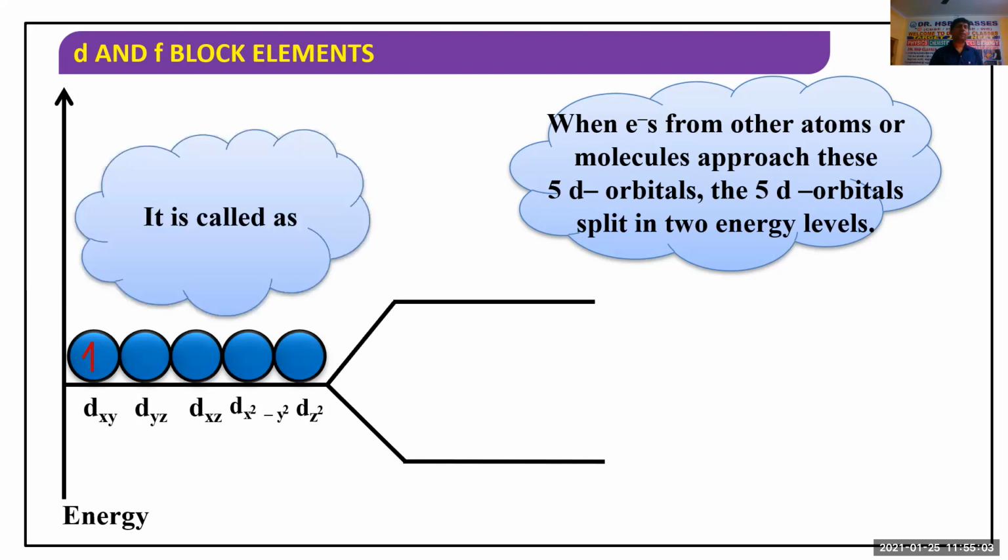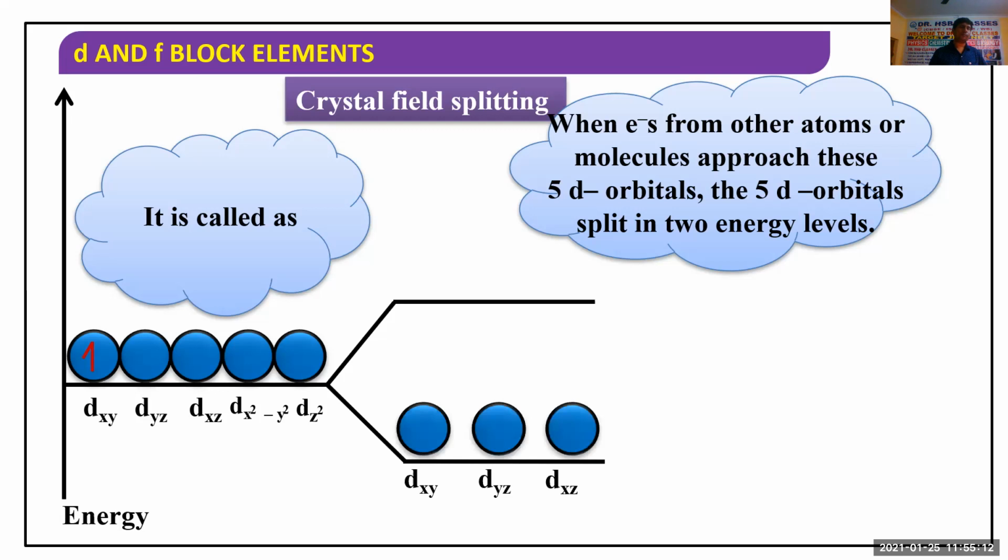So there are two types of orbitals. This is known as crystal field splitting.